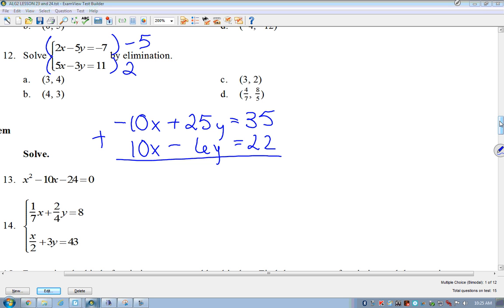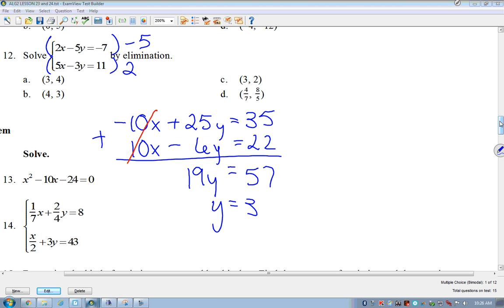What happens to the x's? Just as designed, they cancel out. What is 25 plus -6? 19y. What's 35 plus 22? 57. Okay, divide on both sides. What does y equal? 3. Y equals 3. Okay, do we all agree with that?